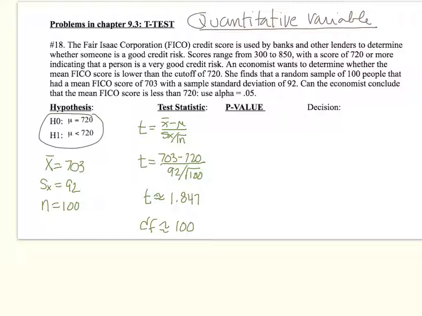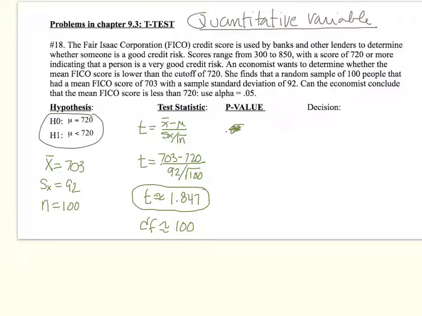So we go into the table at degrees of freedom of 100 and see where the number 1.847 falls. And then at the top of the table, there are probabilities.